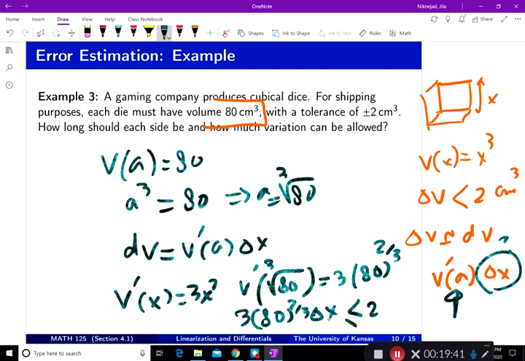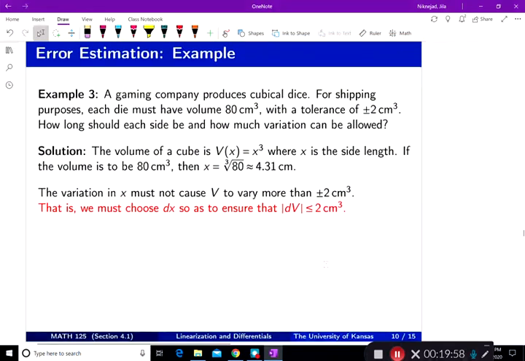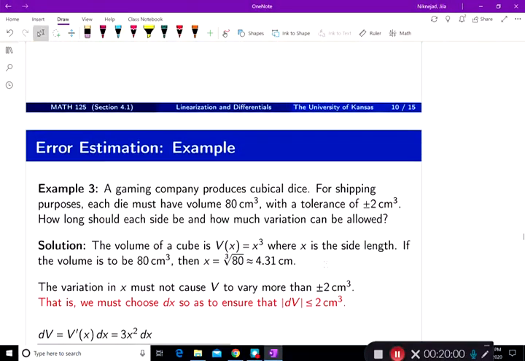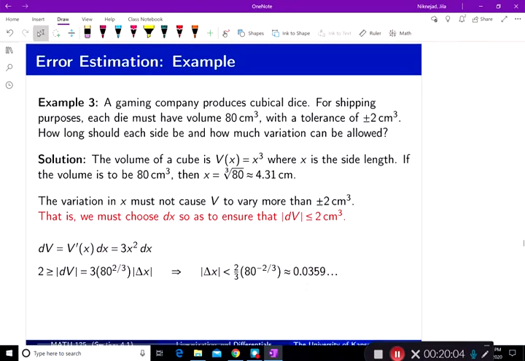And then I compute delta X, which is less than or equal to 2 over 3 times 80 to power 2/3, so it gives us the maximum error that we can get. Here's the value that we get: approximately 0.0359.